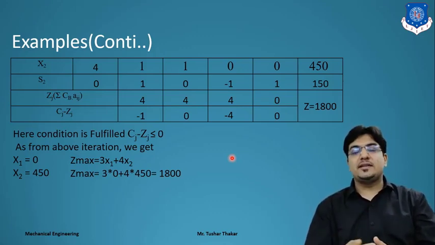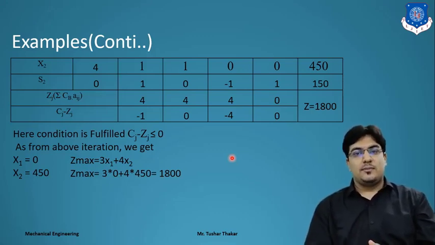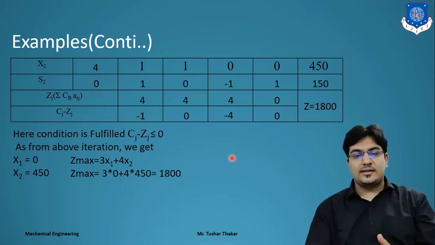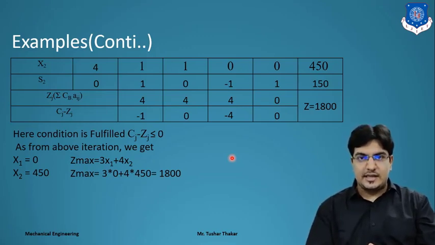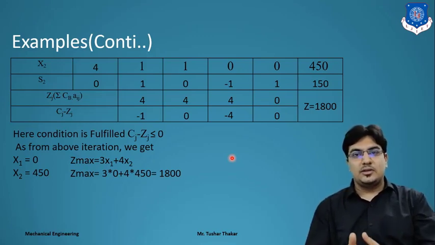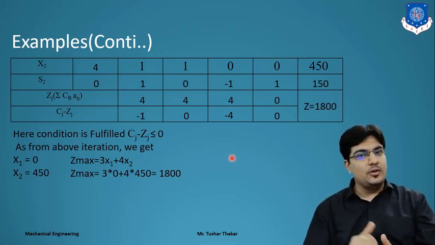And for a minimization problem, Cj minus Zj is greater than or equal to 0 for completion of the problem. After that we select the maximum value from Cj minus Zj for the key column, then find the theta, that is theta equals bi by the key column elements, and from the thetas we take the minimum value for the key row.